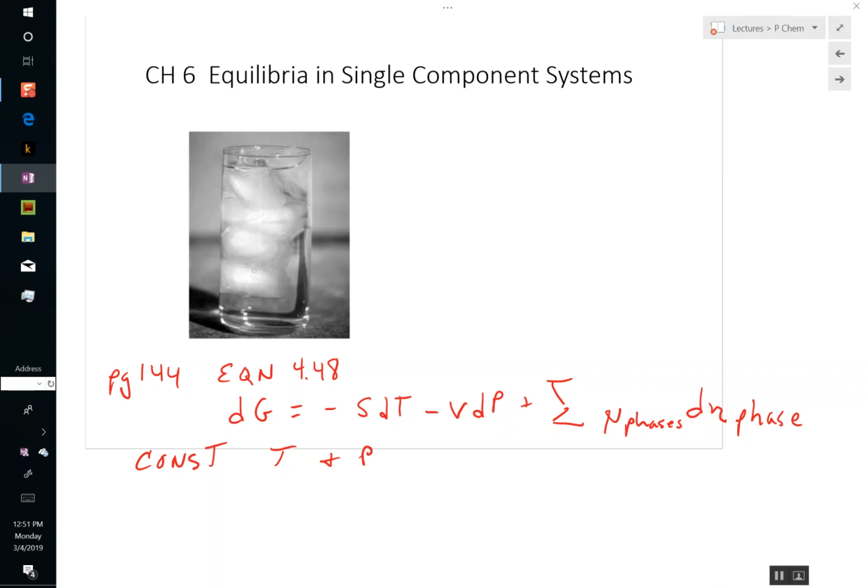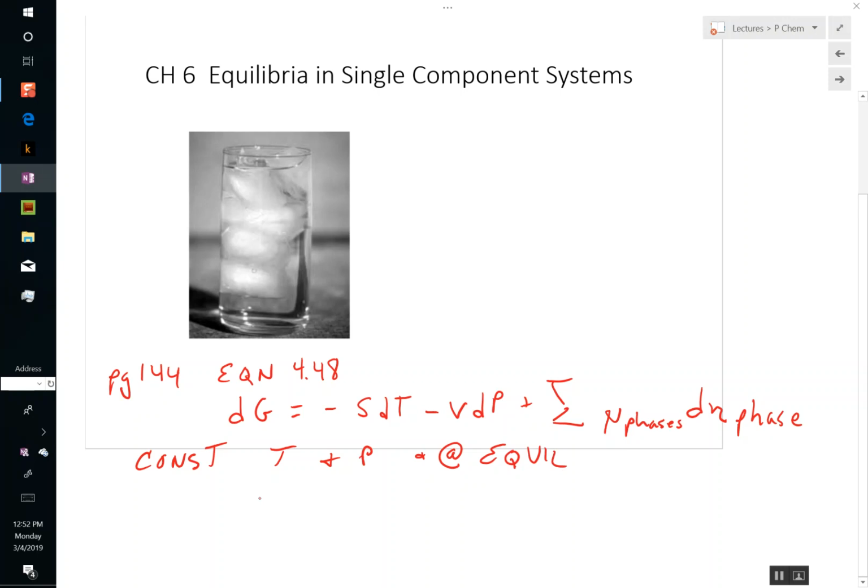Ice gets up to 0 degrees centigrade in the presence of water, and it just stays there until all the ice melts. So that phase transition from solid to liquid is happening isothermally. And then if we add that we're talking about an equilibrium, you get that delta G equals 0.